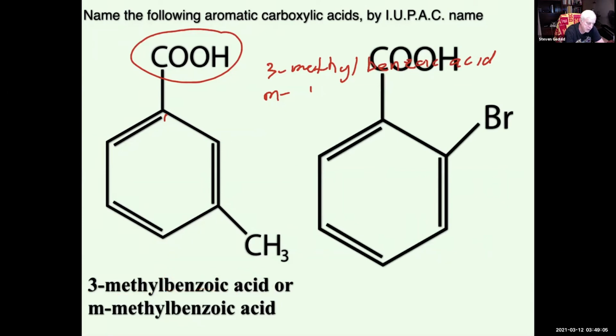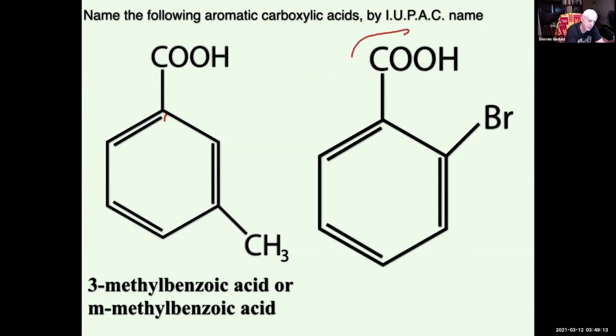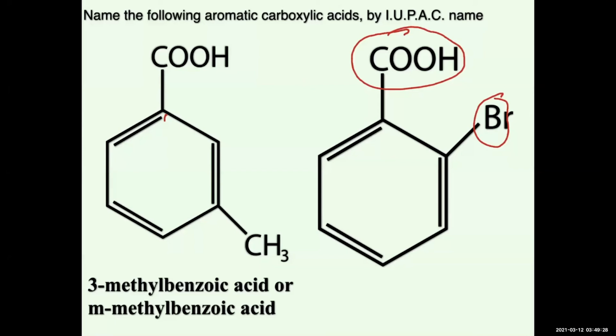Again, benzene ring with a carboxylic acid group attached to it. Okay, that would give you, here's your carboxylic acid group. So this is benzoic acid, and then attached to it is a bromine. What number carbon is a bromine attached to? 2. 2, perfect, you got it.